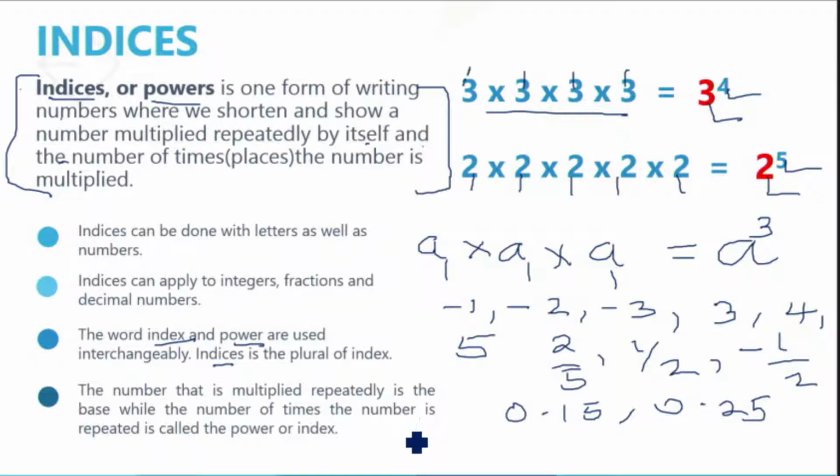The number that is multiplied repeatedly is the base, while the number of times the number is repeated is called the power or the index.